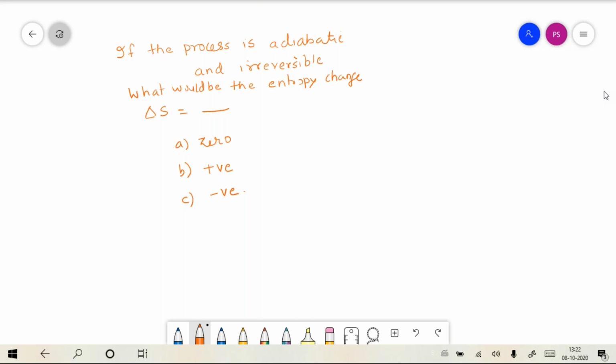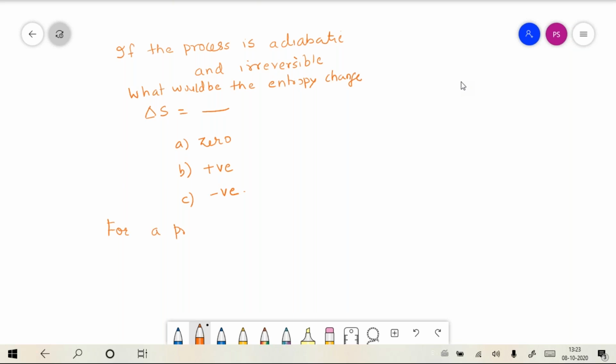So let us now discuss this, and this should be very clear to you. If you had remembered our discussion, remember our expression for entropy change for a process.